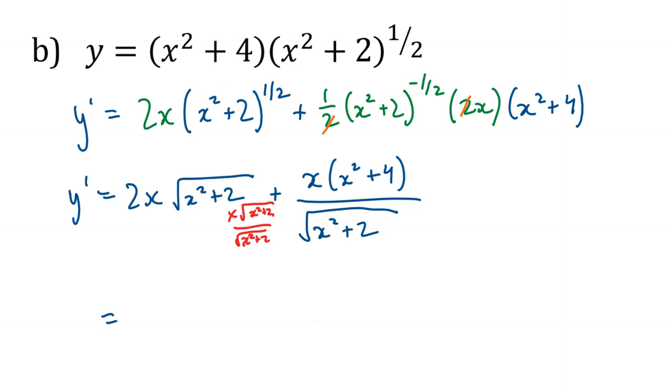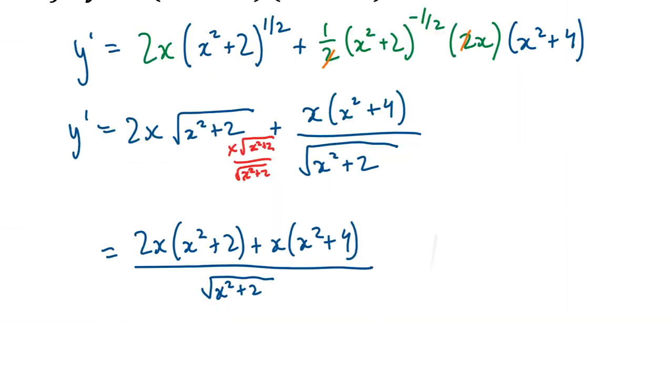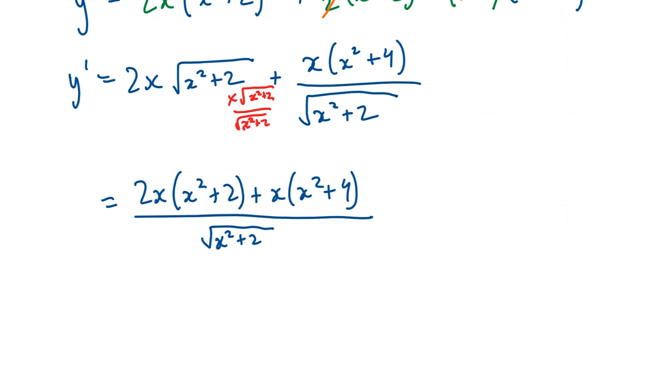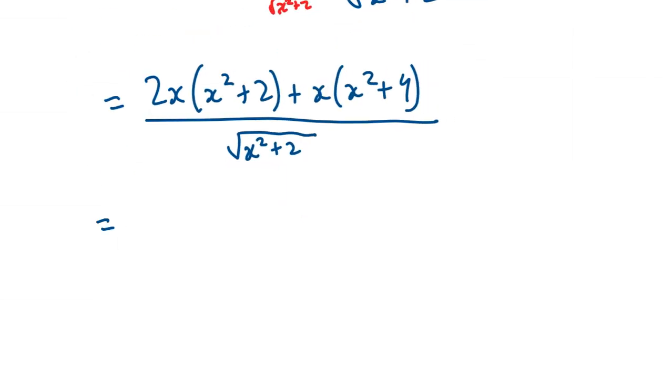It's like root x squared plus 2 times itself, which is root x squared plus 2 squared, which means this becomes 2x bracket x squared plus 2 plus x bracket x squared plus 4 over root x squared plus 2. Now, if this looks fully factored to you, that's ridiculous because the top has a sum and that's not fully factored. So now we have to expand and simplify on top and see if it will actually factor.